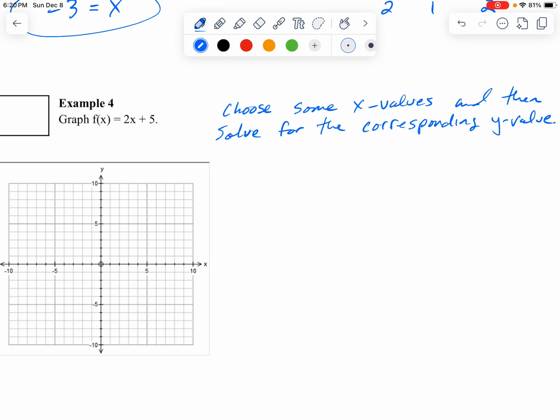And of course, then we'll plot those points. I only need 2 points to define a line. I'm going to find a few more just to show you how this works and make sure that you have a couple examples.